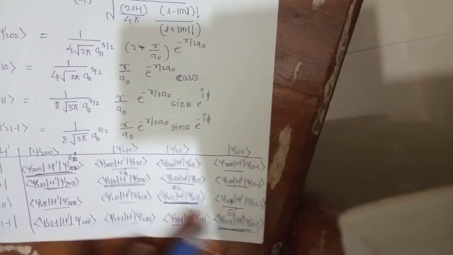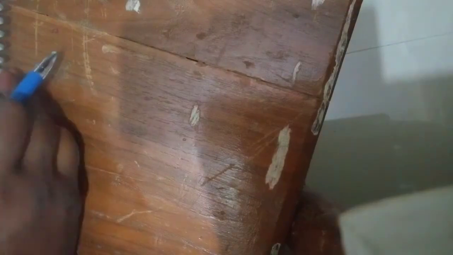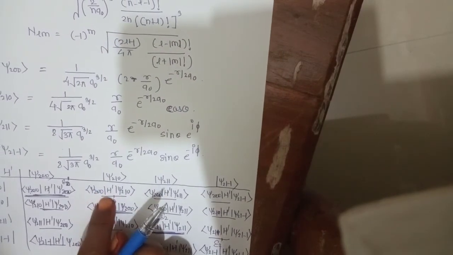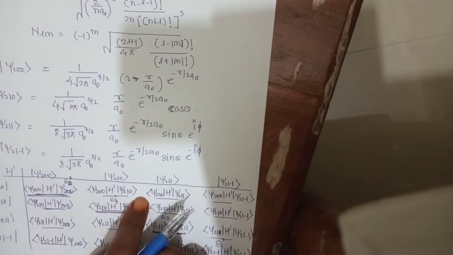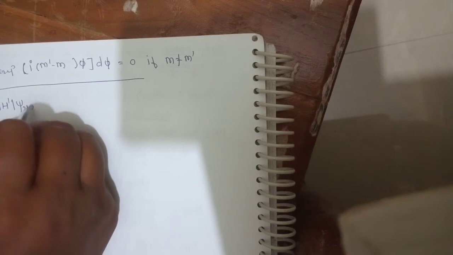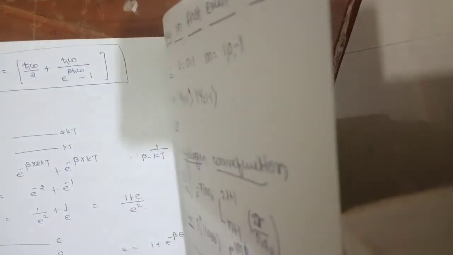After that we'll see the first second element, psi 200 H prime psi 210. Okay, 210, yes, 210.